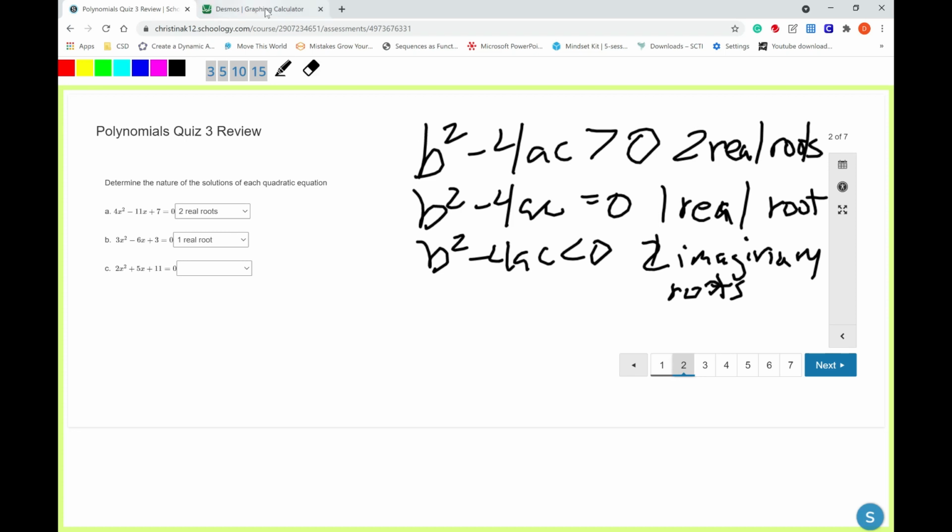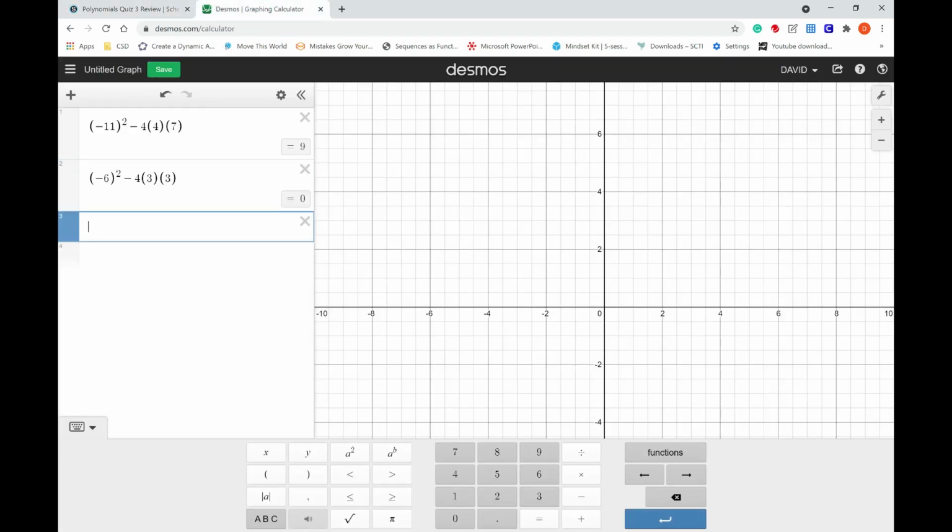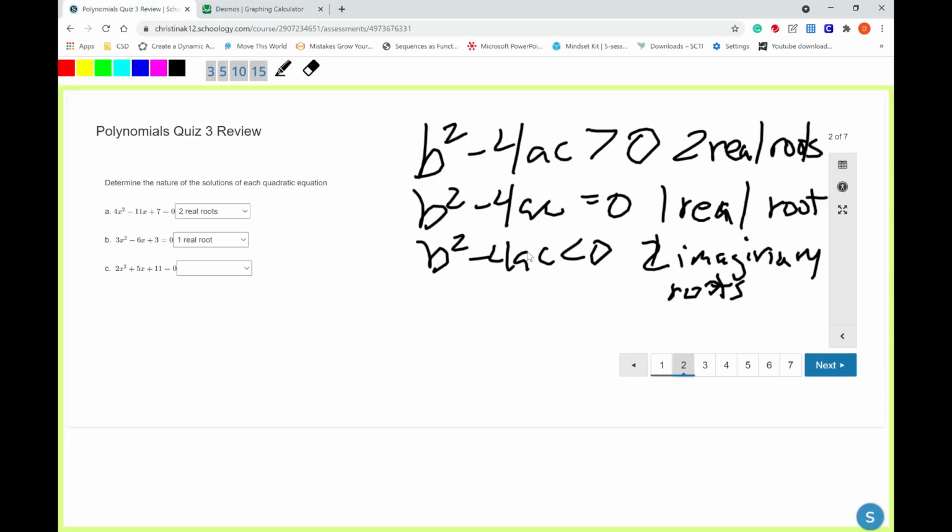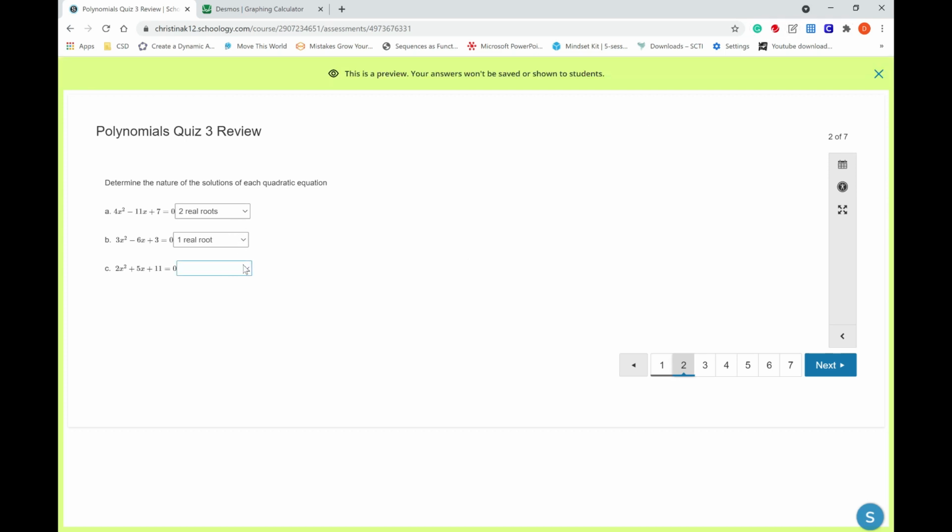B is going to be 5, A is going to be 2, and C is going to be 11. So 5 squared minus 4, parentheses 2, parentheses 11. This time we get negative 63. Negative 63 is less than 0, so that means there are 2 imaginary roots, and we're done with question number 2.